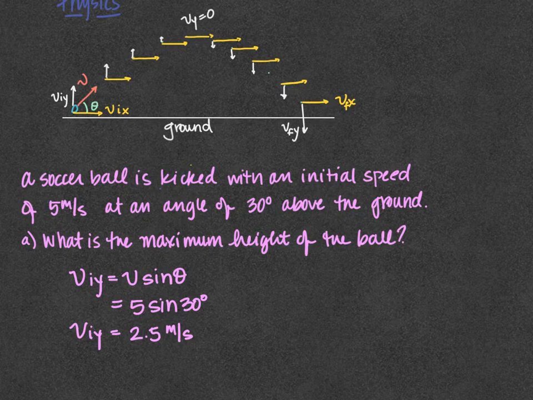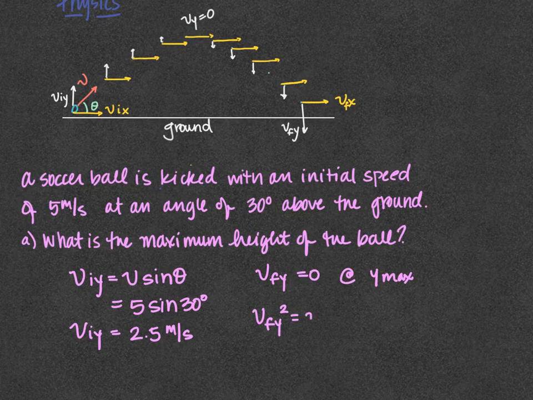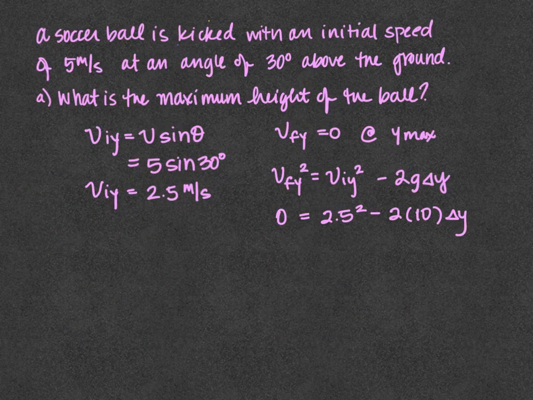We know the velocity final in the y direction is 0 at this maximum height. So the thing I don't have is time. And if I remember correctly, there's an equation, v final y squared equals v initial y squared minus 2g delta y, that does not have a t in it, which is very helpful to use.